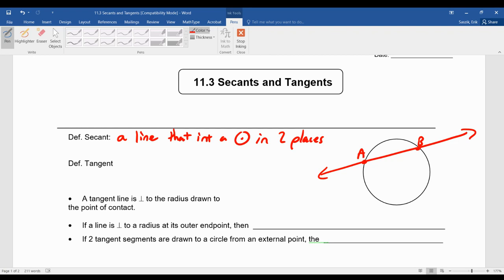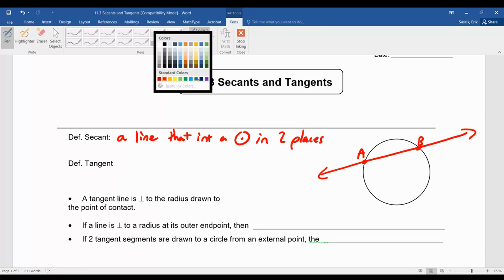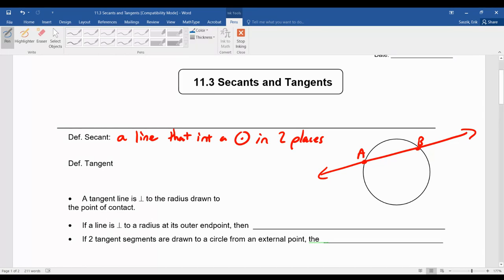Okay? Now, we've used the word tangent before in trig. Here we're using tangent a little bit differently. Tangent is a line that intersects a circle at exactly one point only.